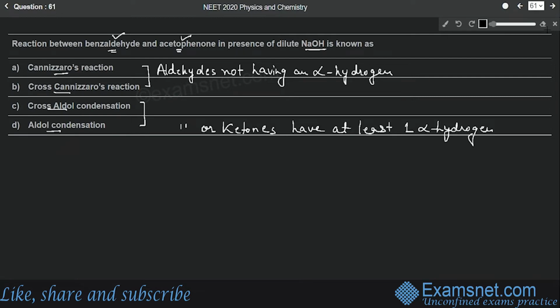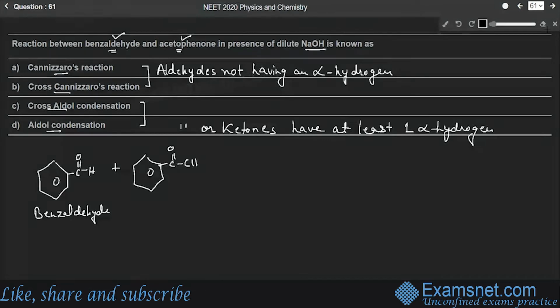So let's draw the structures. First we are drawing benzaldehyde. So this is benzaldehyde. Then the next reactant is acetophenone, double bond O CH3. So this is acetophenone.